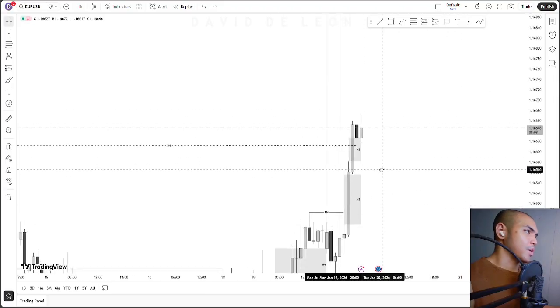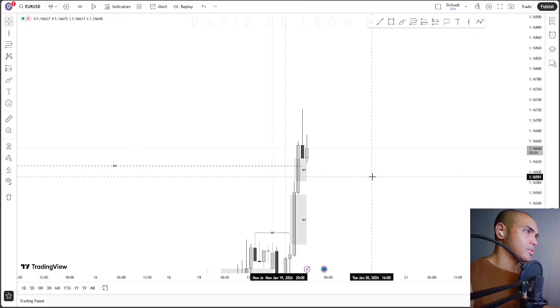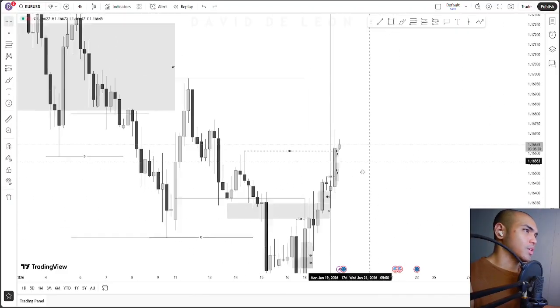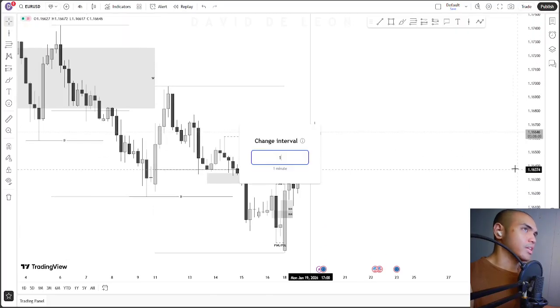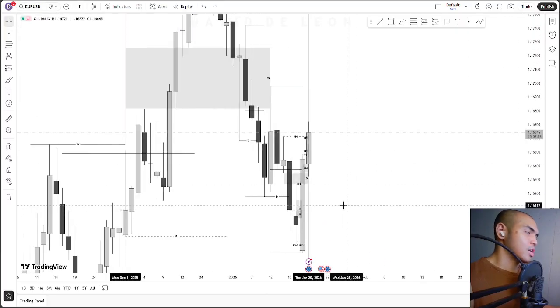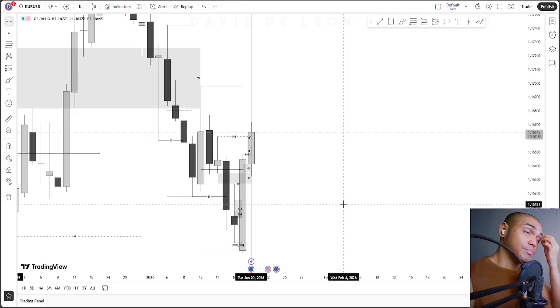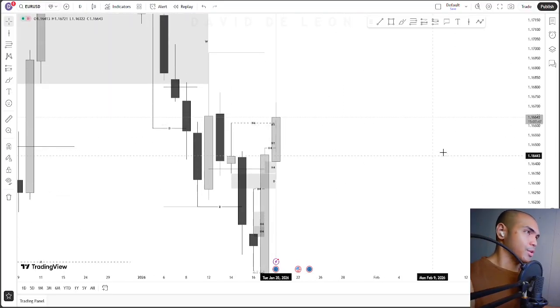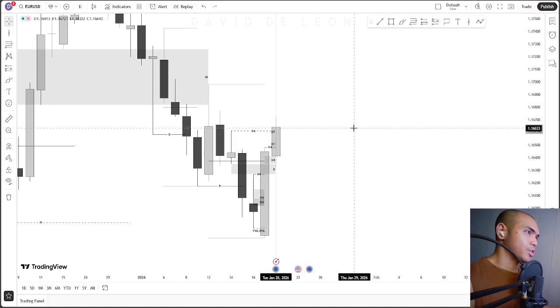So I'm not going to anticipate any more bullish trades, especially since we are already in the premium zone of the daily range. The daily is still bearish. At this point, my weekly bias, my macroeconomics and geopolitics biases were bearish for this week.